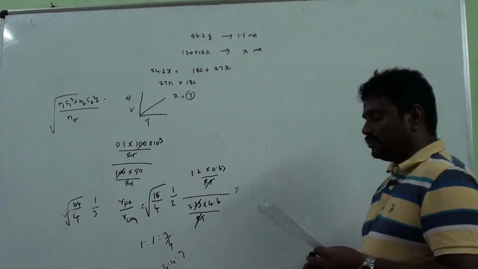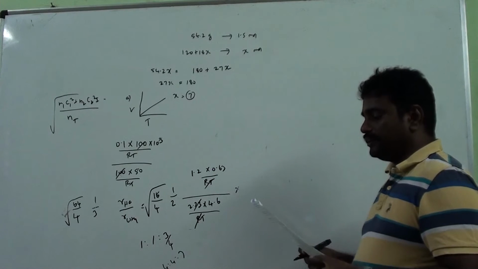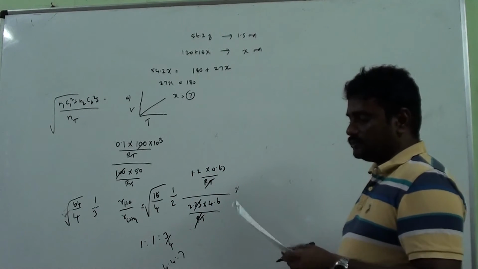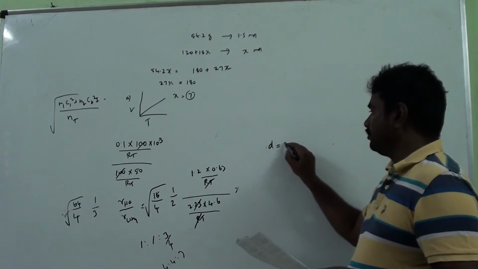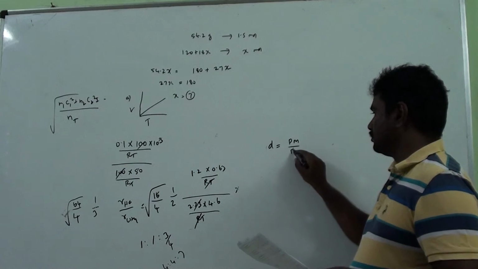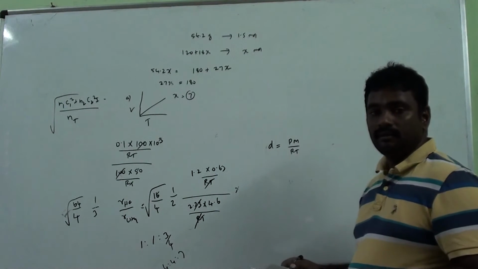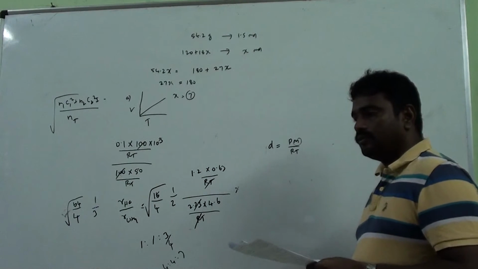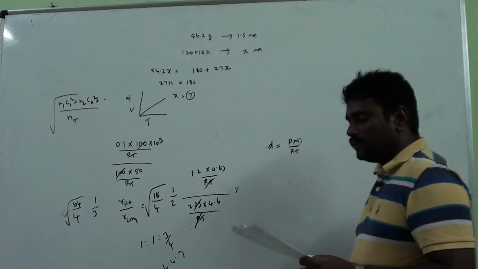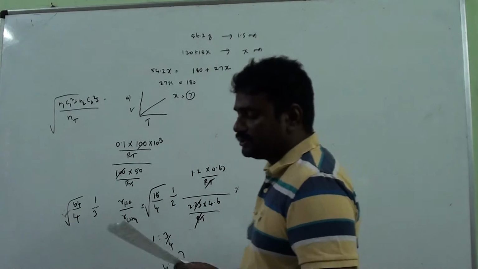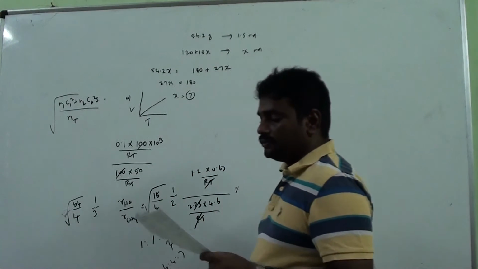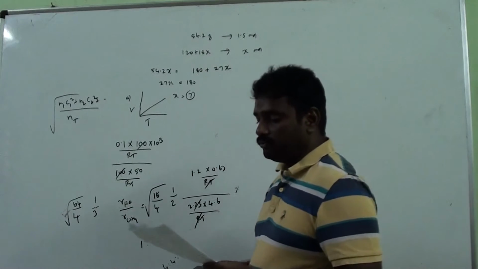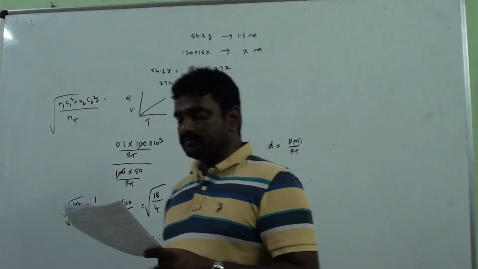So first, what is the density of wet air? You can get density from PM/RT. But you need to find the molar mass of the wet air. If you know that, you can find it. The composition of wet air is what? 75% relative humidity. So you must know the breakup.